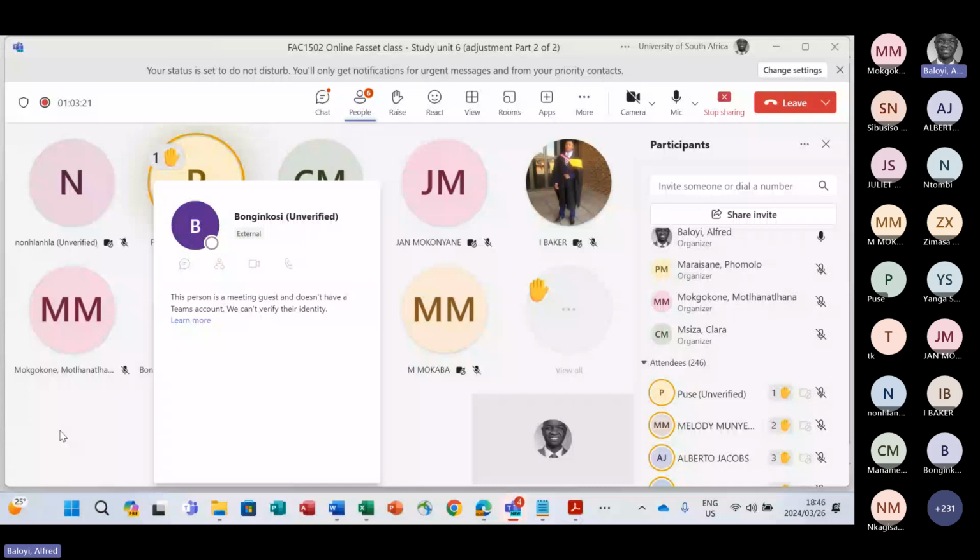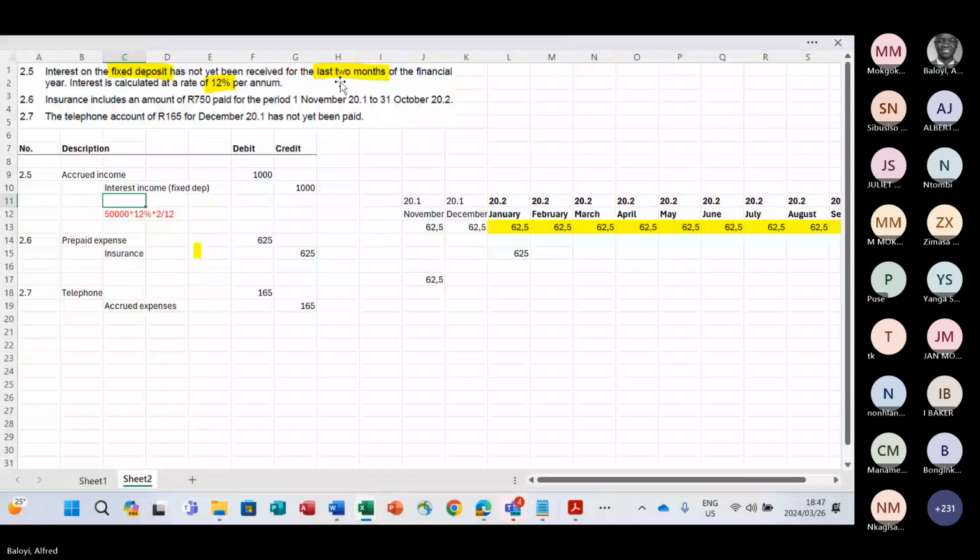So here's your fixed deposit amount of 50,000, and we didn't receive it for the last 2 months. So because it's a credit amount, we start it, and then it will go to the accrued income because it's the amount that was supposed to be received.